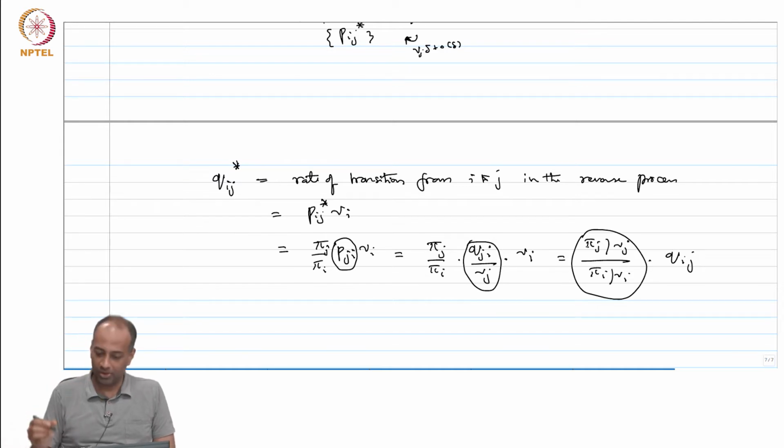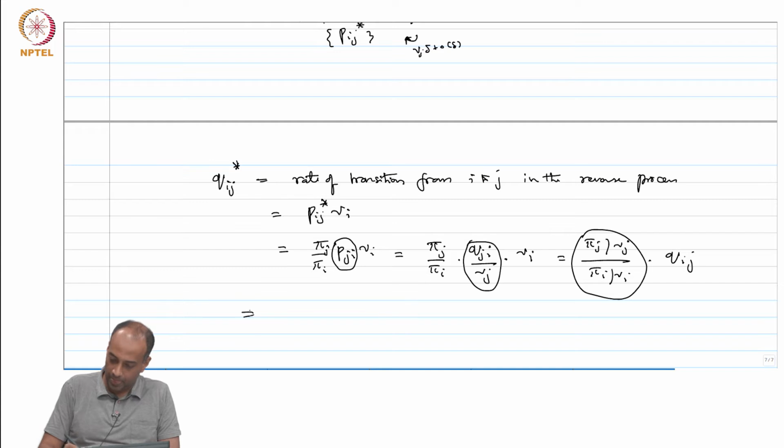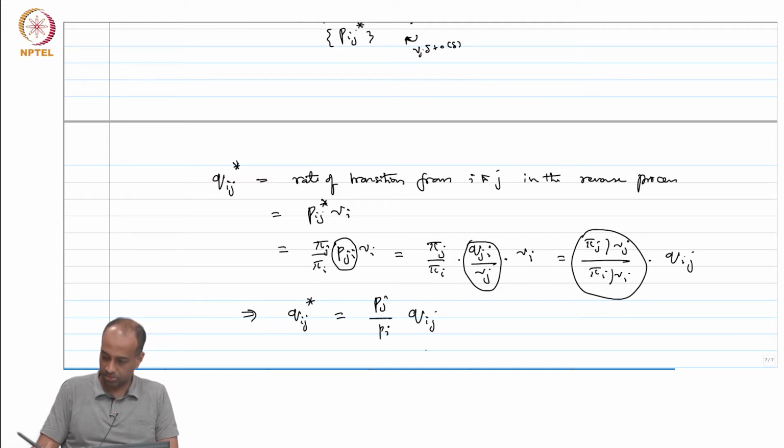So, what does this imply? After these manipulations you get q I j star is equal to p j over p I q I j. Sorry, q j I.